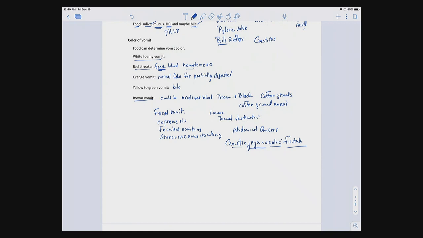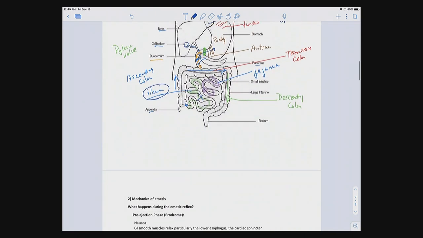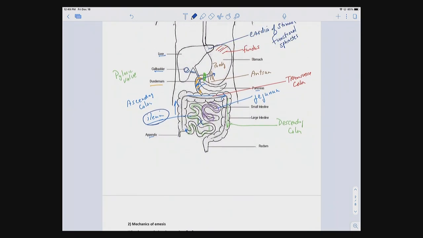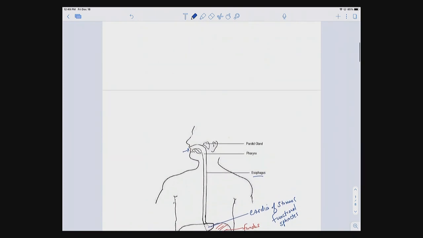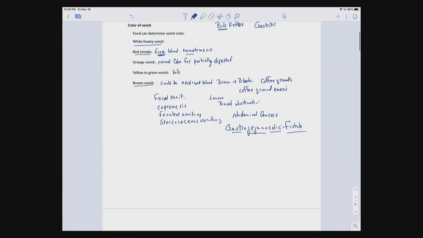So what this literally means, going back to my drawing here, is that I have an abnormal connection between the jejunum and the colon, allowing things to go from the colon into the jejunum and then back into the stomach itself.